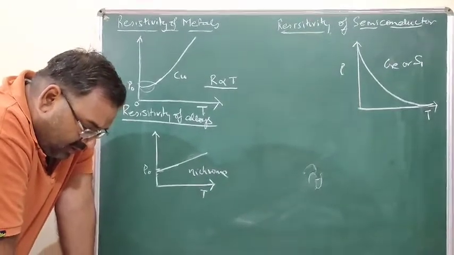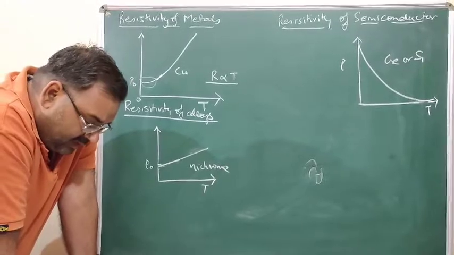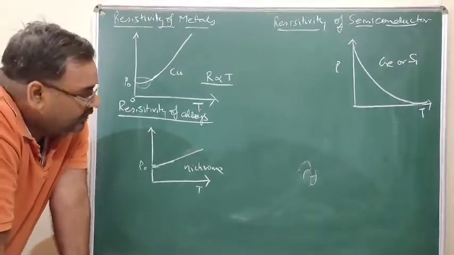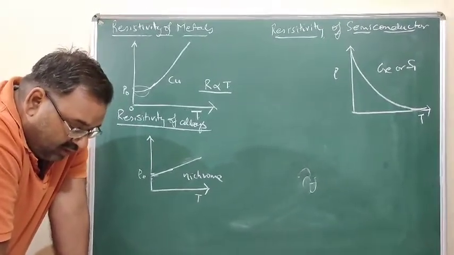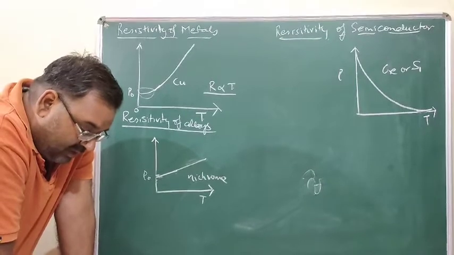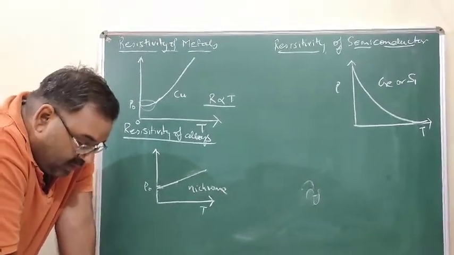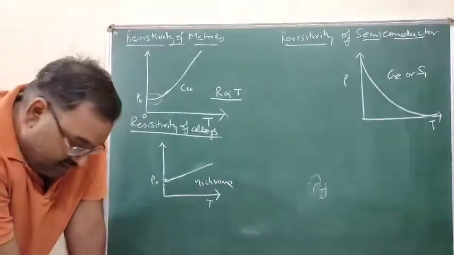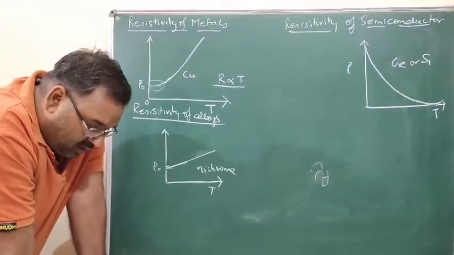The reason is that for these substances, we had the formula R = mL/(ne²τA). So n is the number of electrons per unit volume. At very low temperature, the number of electrons per unit volume is very less, so the value of resistance is very large.